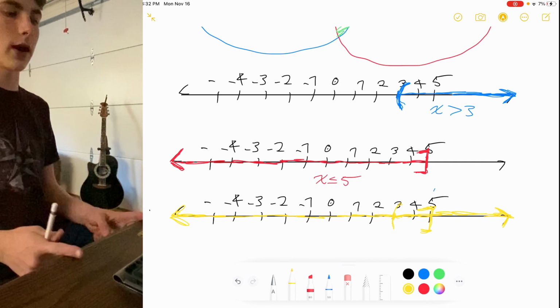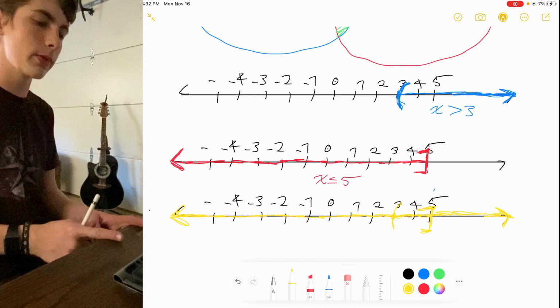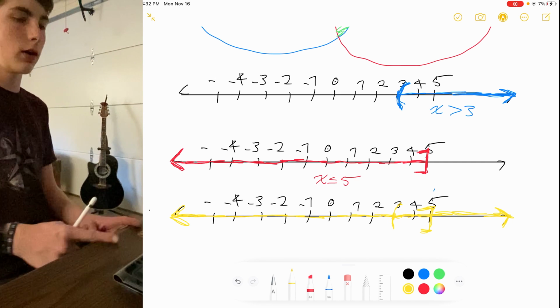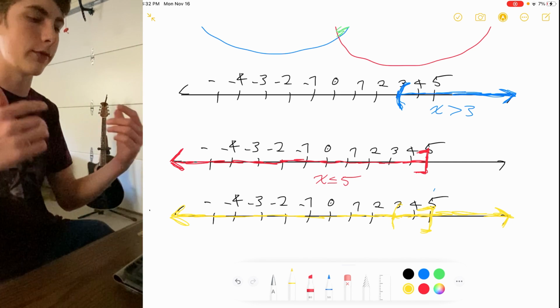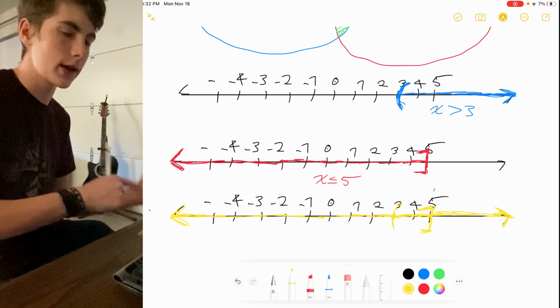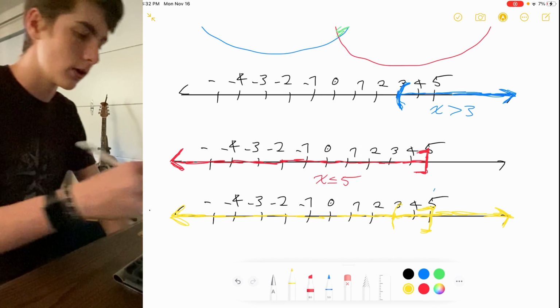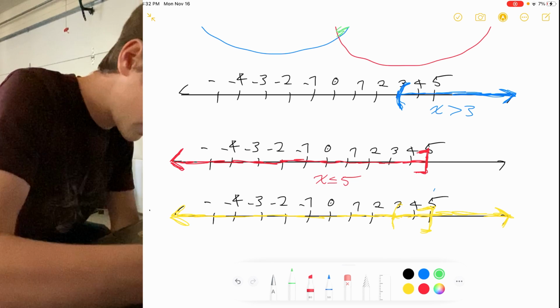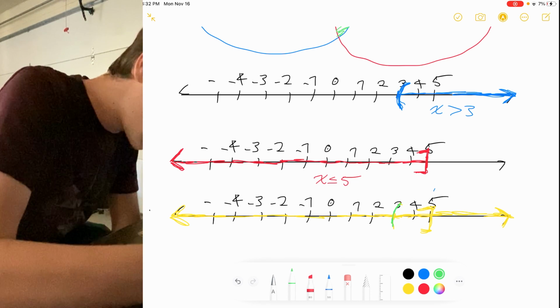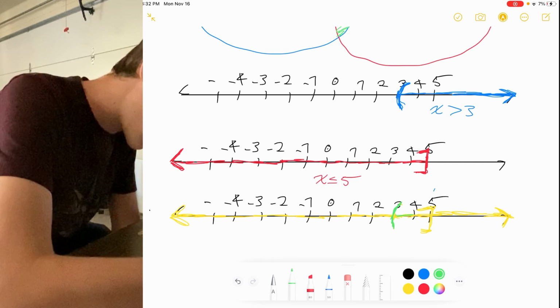And then we're going to say, okay, where they overlap, that is where our graph of x is greater than 3 and x is less than or equal to 5 is going to be. So that is right here, starting at this curve here, and then going out and then hitting this bracket, okay?